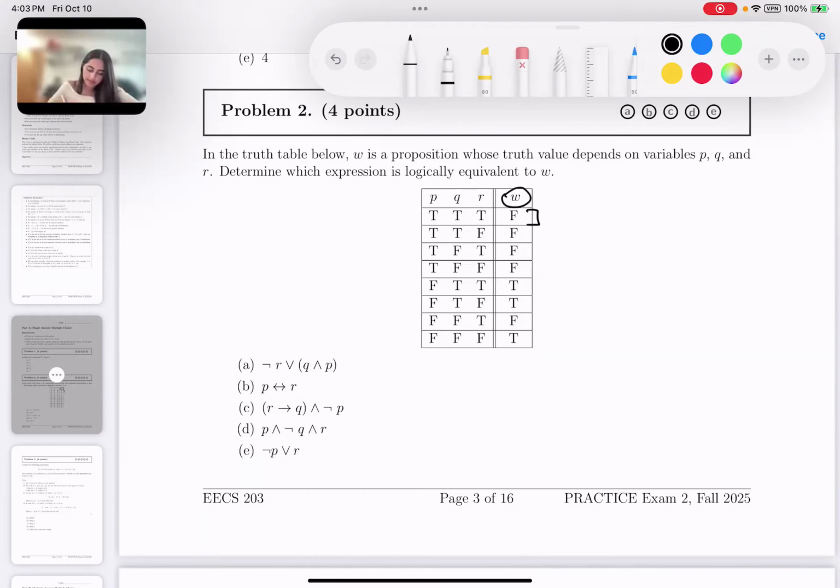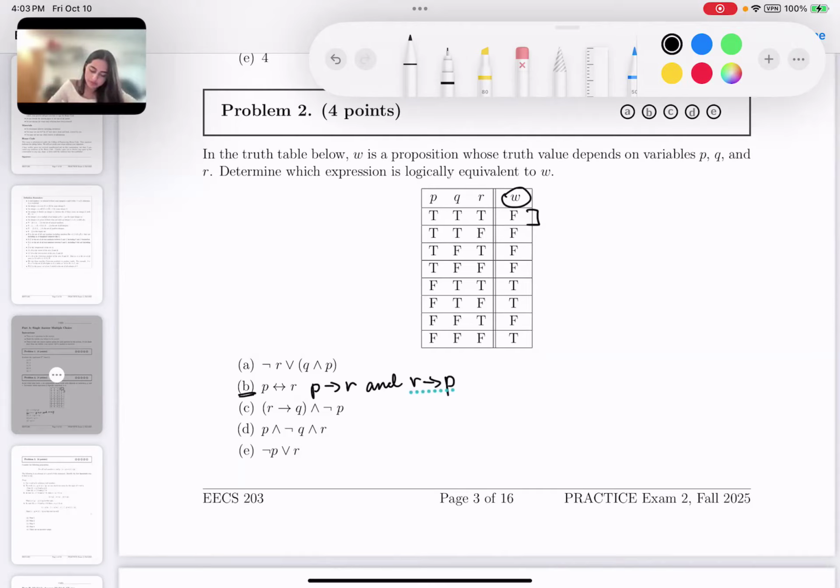Looking at this, immediately I see answer choice B, and I know that answer choice B, when P and R are true, is always going to equate to true. This is because P if and only if R is equivalent to if P then R, and if R then P. In this case, P and R are both true.